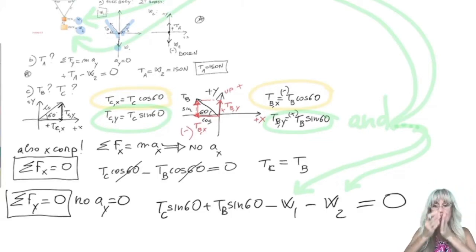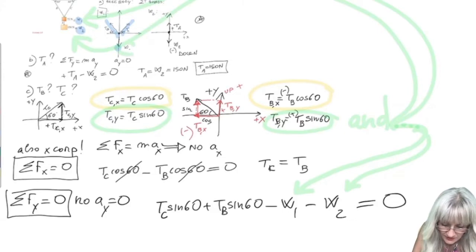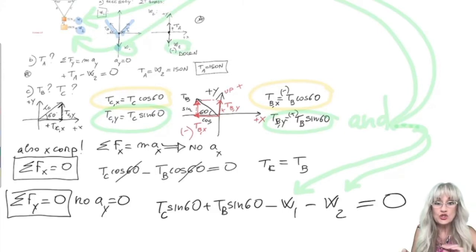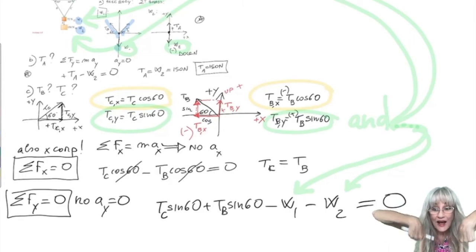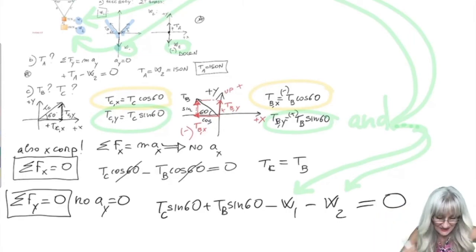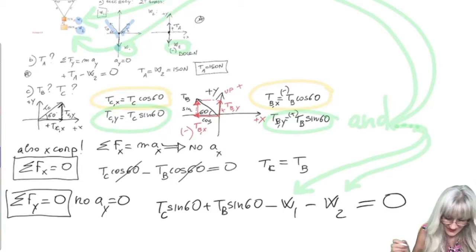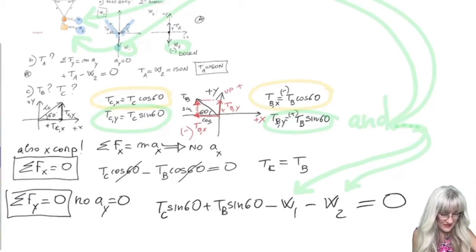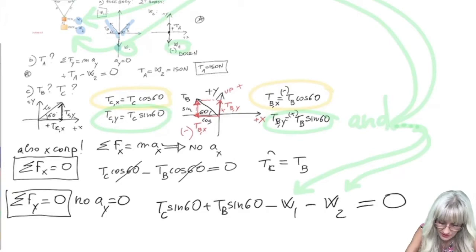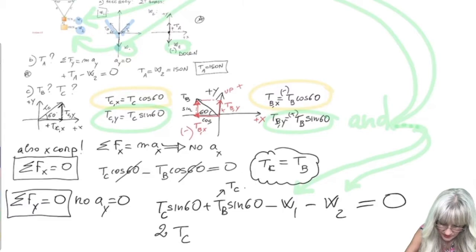On the vertical axis, there is a weight 1 and a weight 2. Both weights are downward, so negative. All right, let's keep on going. In this case, if I apply this condition right here in the cloud, T of B is equal to T of C. So here comes out twice T of C, because of the condition I put in the cloud.